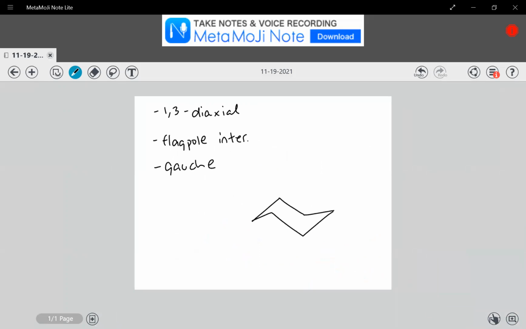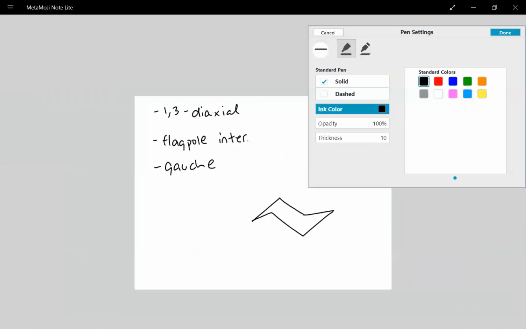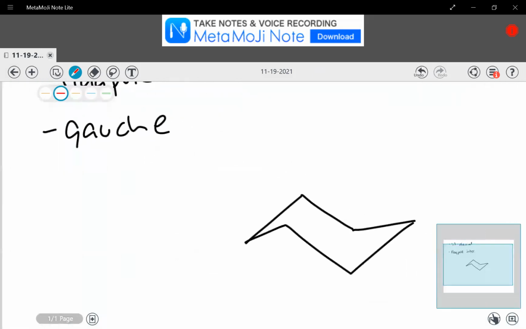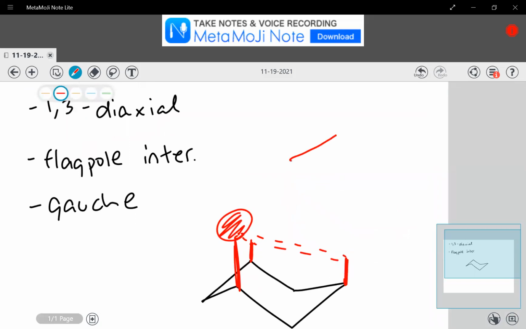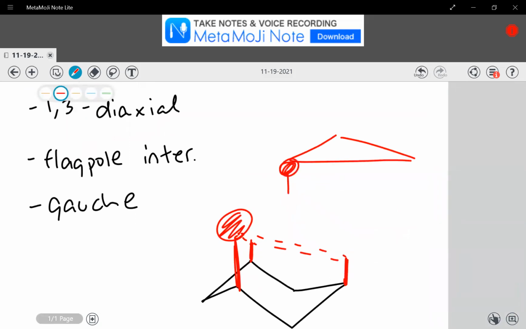Okay, so let's take them one at a time. So 1,3 diaxial is when you've got a big substituent that's not a hydrogen here. You've got some hydrogens here. And what happens is that they're all kind of facing each other. Kind of form this like ring between them. Here's our big substituent.